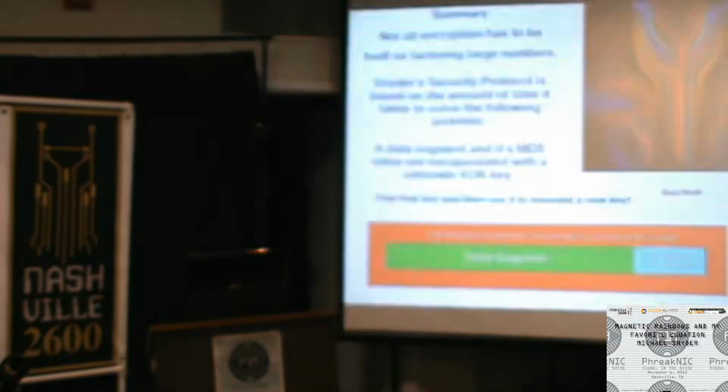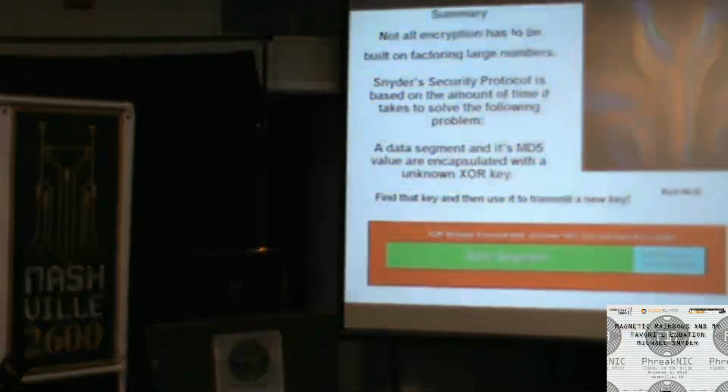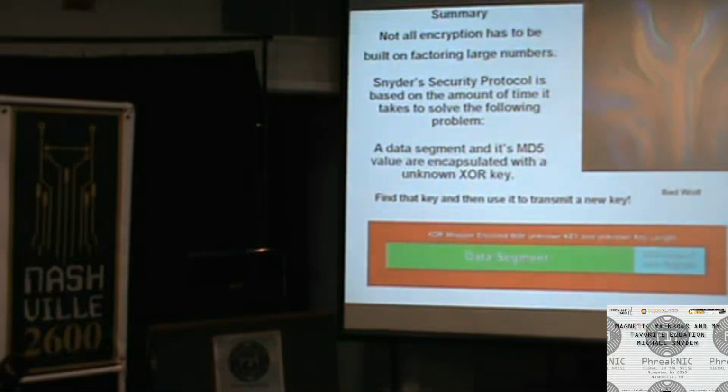Okay, next slide, please. This is the summary page for part 1. And basically, in my summary, we're saying that not all encryption has to be built on factoring large numbers. There's many other ways of doing things than factoring large numbers. My security protocol is based on the time it takes to solve the following problem. Now, I have a data segment.